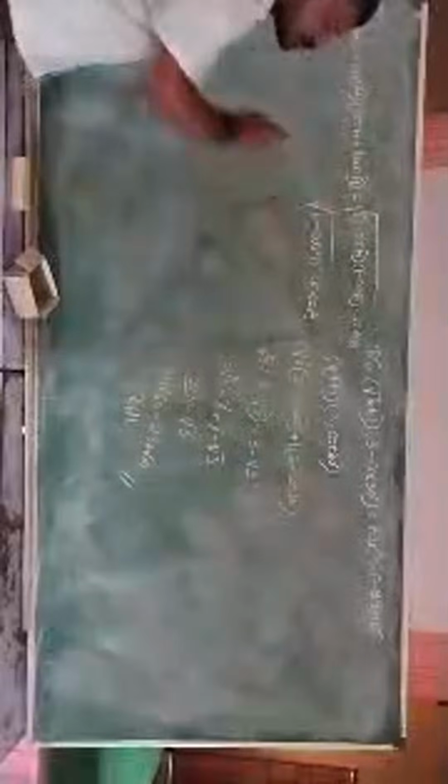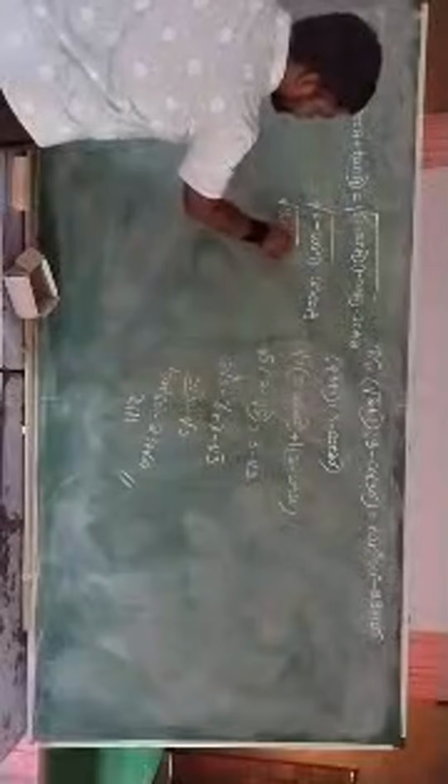So 1 minus cos square A is nothing but sin square A, according to the identity. So under root sin square A, right? Into cosec A. Square root, sin A into cosec A is nothing but 1 upon sin A. Sin A and sin A cancel, 1. It means that you have to show that 1 minus sin A into sec A plus tan A is equal to 1. Hope you can understand this.